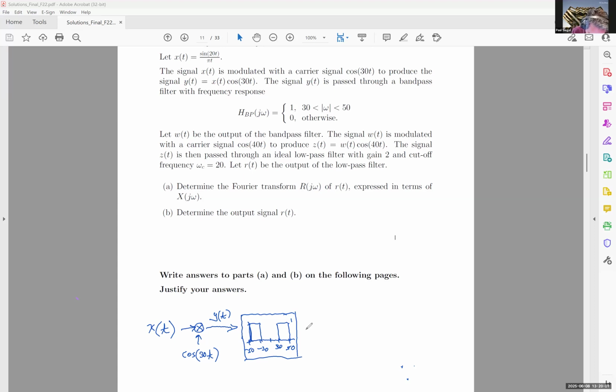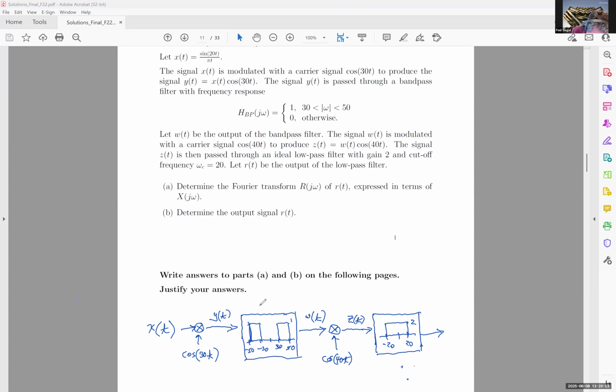And then that output of the bandpass, w of t, is going to be multiplied by cosine of 40t, and that then produces z of t, which is put through a low pass filter, and it has cutoff frequency 20 and gain 2.